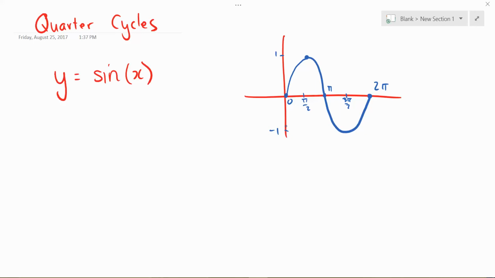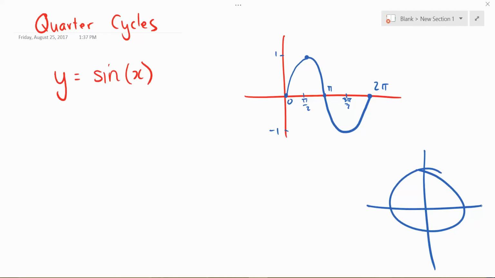The special thing is, the reason why it's called quarter cycles is 0 to pi over 2, then pi over 2 to pi, pi to 3 pi over 2, and 3 pi over 2 to 2 pi are actually your quarters. It's the quarter of a unit circle. If this is my unit circle, you're looking at these main points.